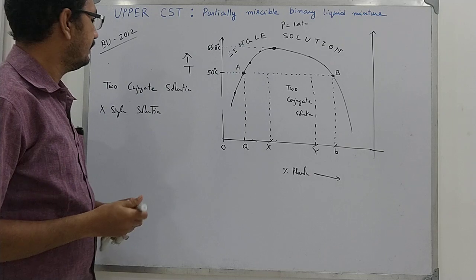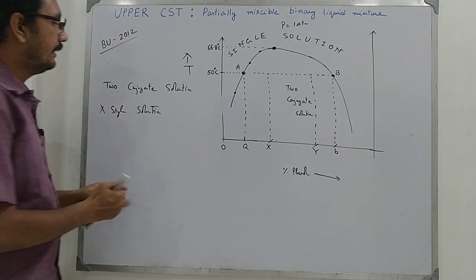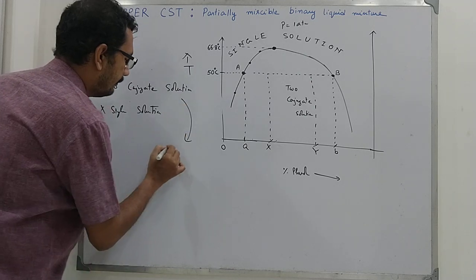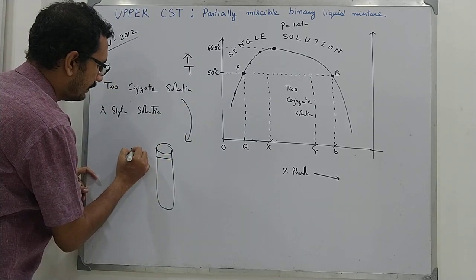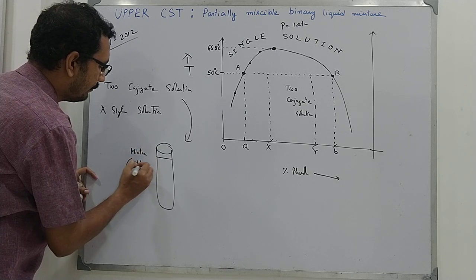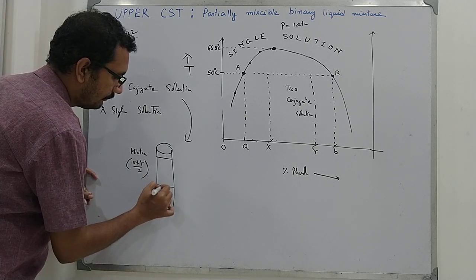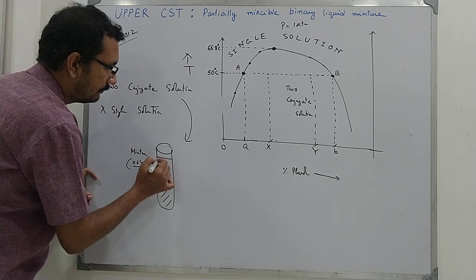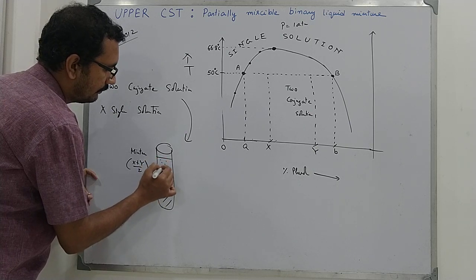Another thing you have to mention is what will be the feature of the two conjugate solutions. This is the mixture having composition (x+y)/2. It will have this one the phenol layer and this one the water layer.